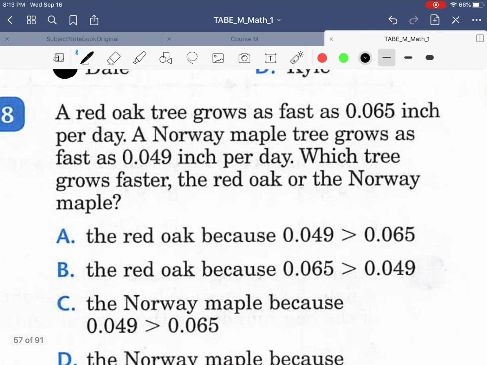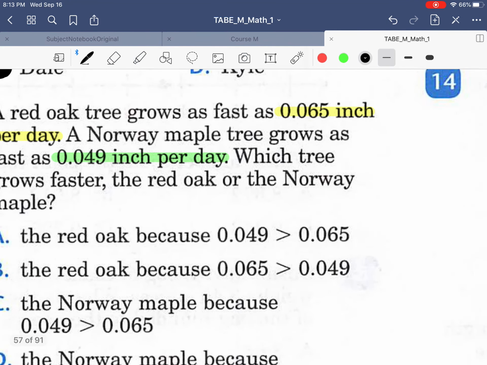Number 8. A red oak tree grows as fast as 65 thousandths of an inch per day. A Norway maple grows as fast as 49 thousandths inch per day. Which tree grows faster, the red oak or the Norway maple? So let's compare them.